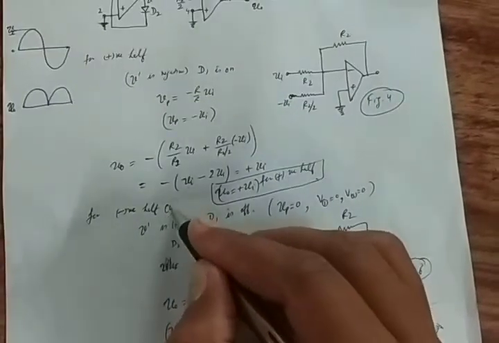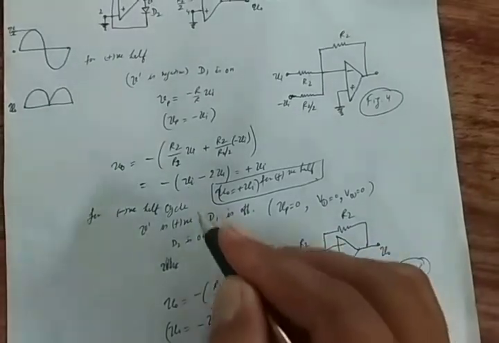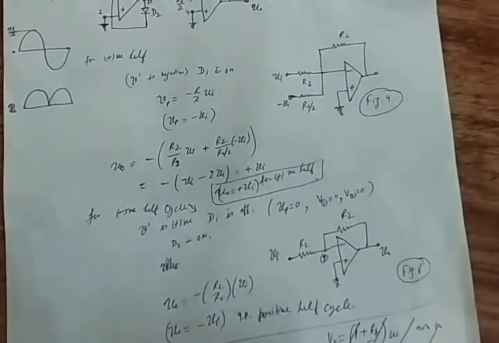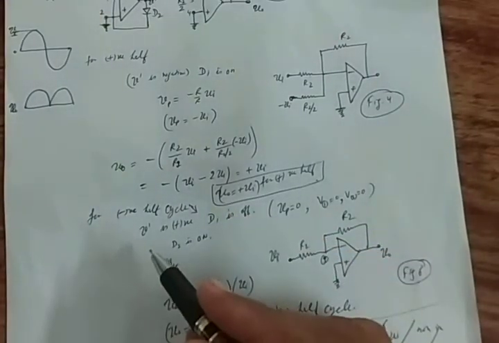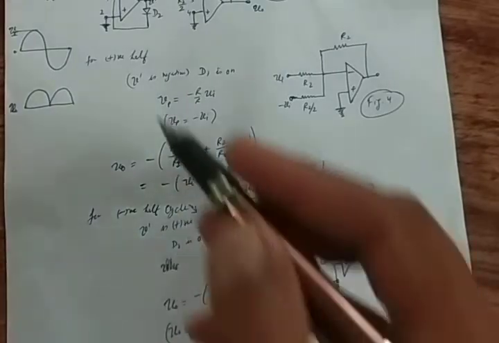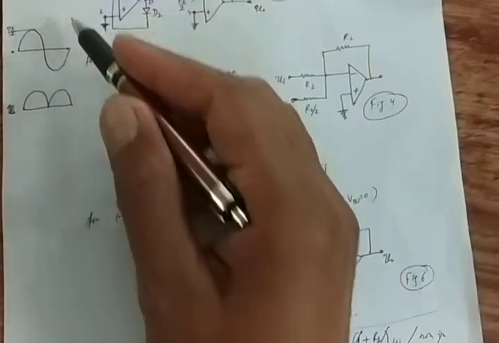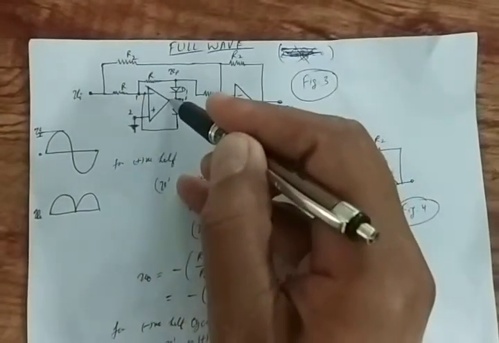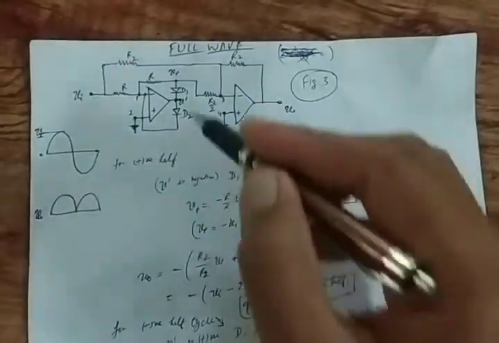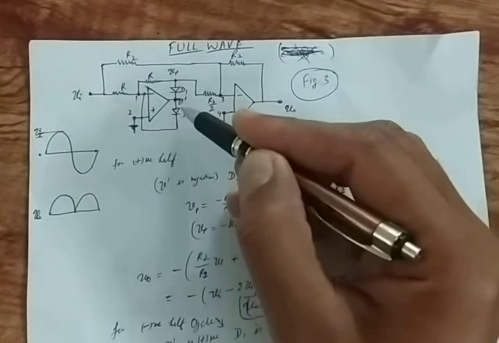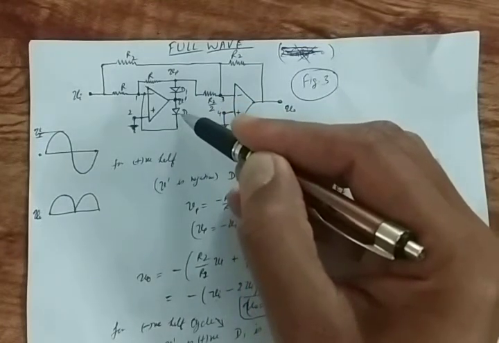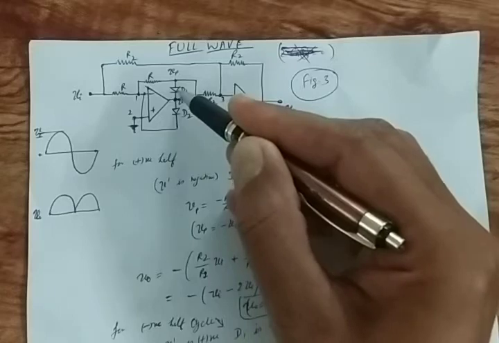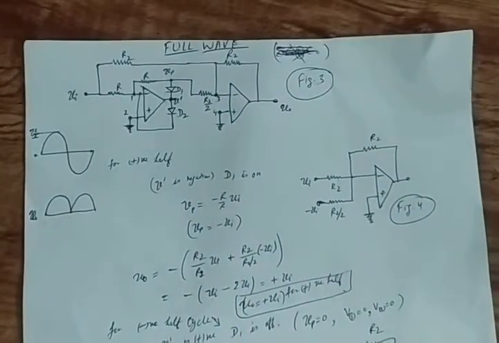In negative half cycle, we will see the voltage at this point Vi is negative, so at this point we will have positive voltage, and if this is positive, then diode D2 is on and D1 is off.